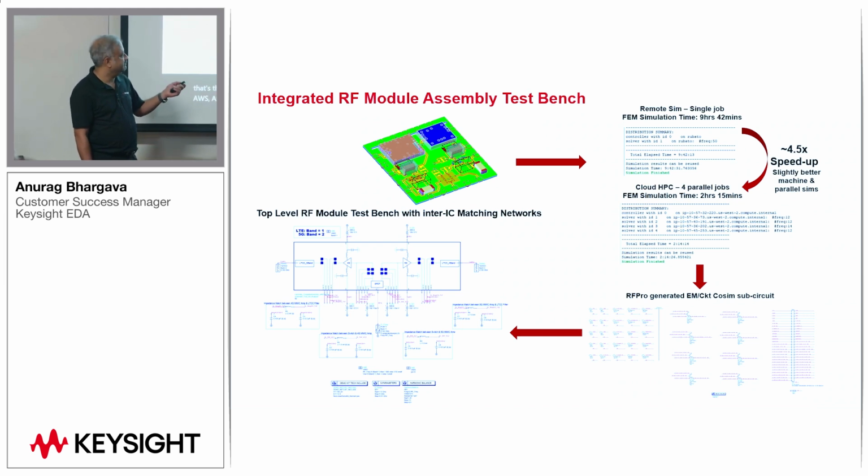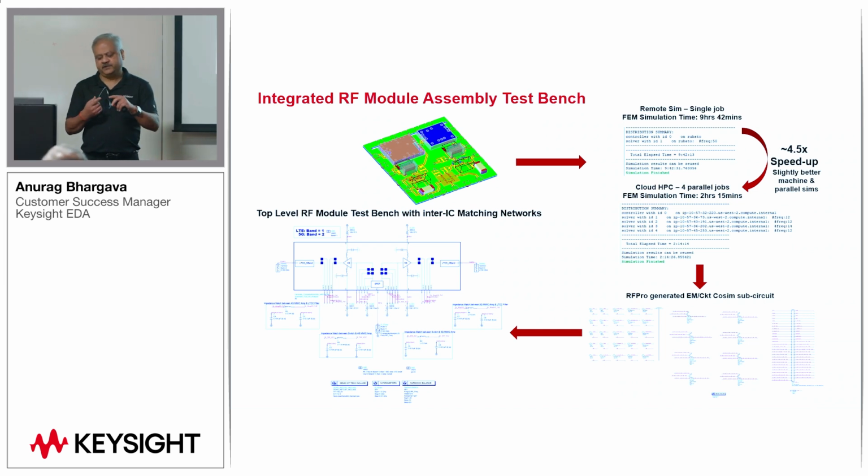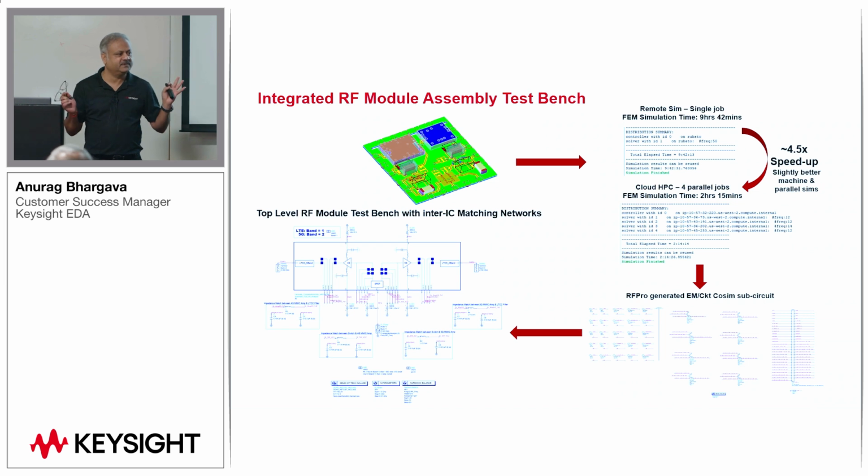And once simulation is done, what is another challenge which you face in a typical tool like this? Whenever you run any EM simulation, your diodes, your MIM caps, your transistors all have to be removed from the EM simulation. And people manually place ports at all the pins.